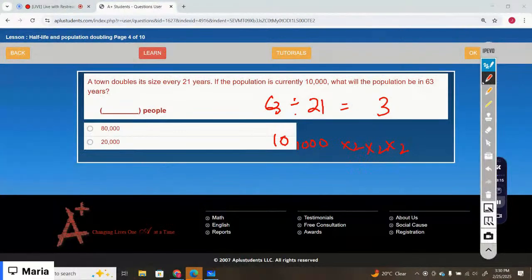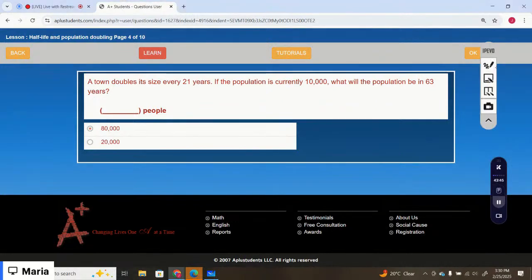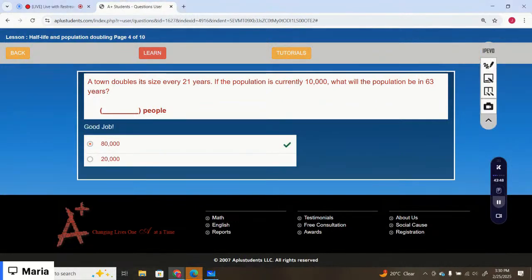Because it is doubling, you have to multiply by 2. 2 times 2 is 4, 4 times 2 is 8, and 8 times 10,000 is 80,000. Option number 1 is the correct option. Very good.